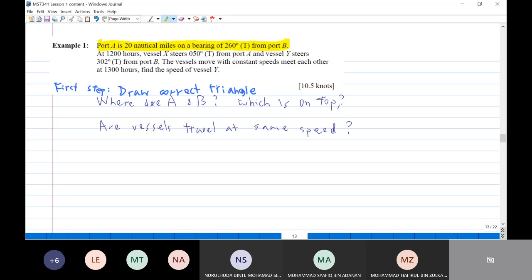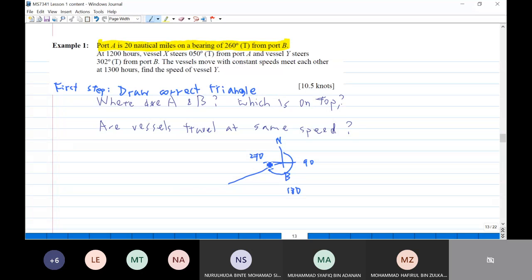So 260 is actually, if you draw it, basically the port B there. How come you know B is on top of A? Because from port B you go 260. So you roughly know 260 is like this. Why 260 like this? Because this 0 here, North Pole 0, 90, 180, 270.